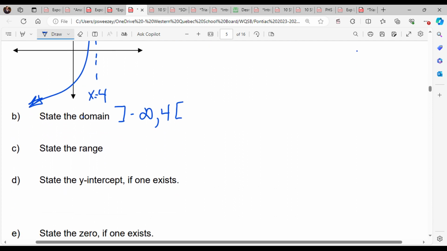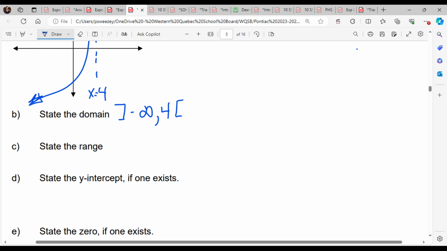But because it's going a bit on a diagonal and the only real barrier is the actual H value, the range is just an element of real numbers, or negative infinity to infinity. You could just put the R symbol. Either one's acceptable.